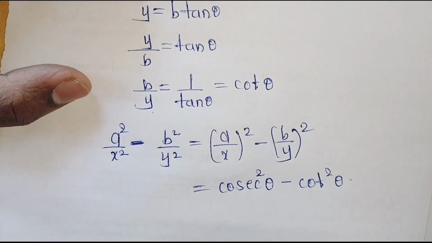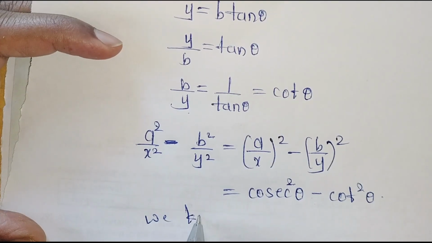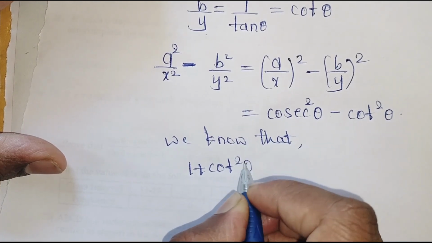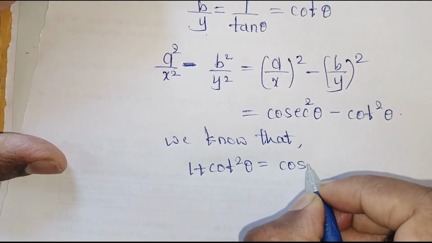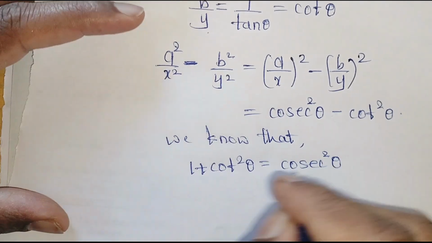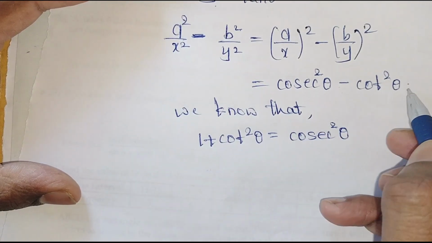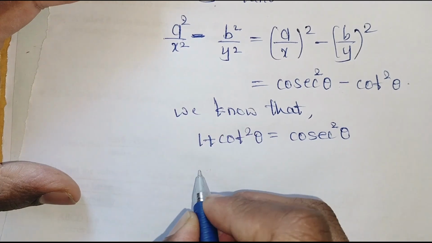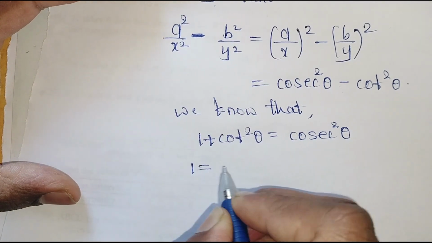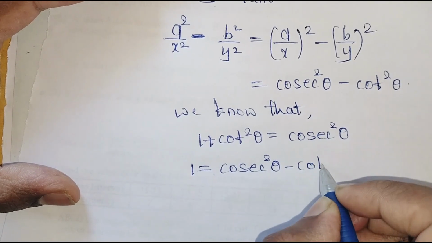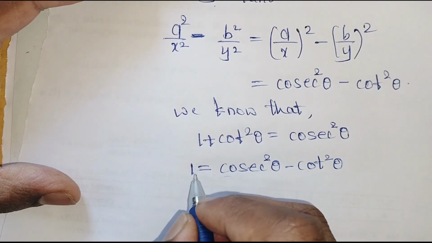We know the relation that 1 plus cot square theta equals cosec square theta, and cosec square theta minus cot square theta becomes 1.